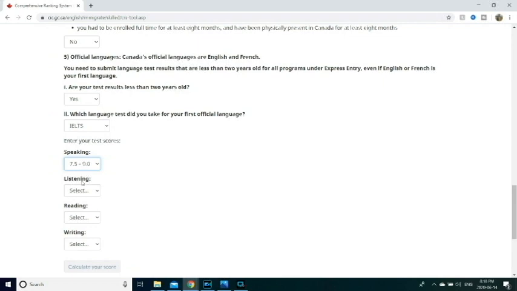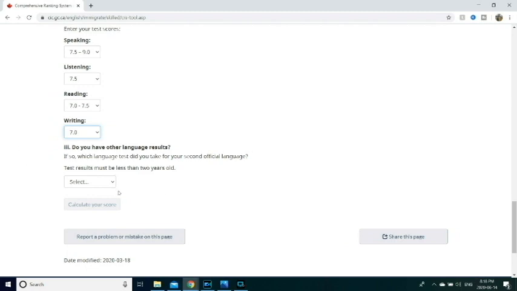Let's say in everything you can score 7.5, just not in writing. We will take 7 in writing. I think that's fairly reasonable. Let's say 7.